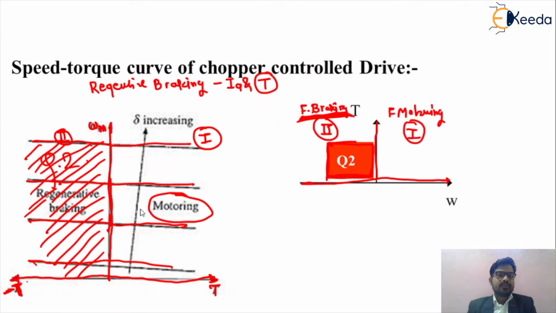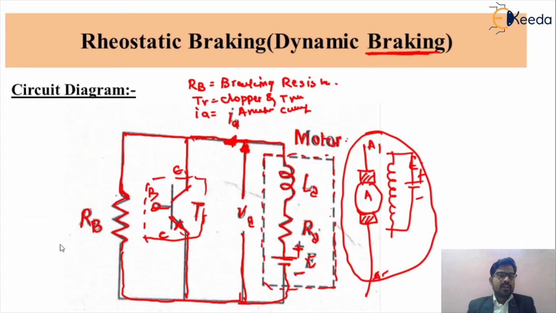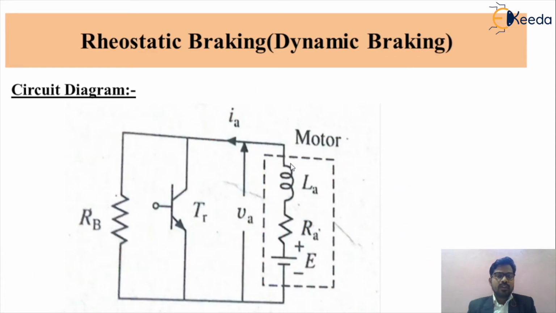When the operation is from 0 to t on, the current is increasing, and the energy generated and stored in that inductor circuit will be dissipated in the armature resistance and this transistor.